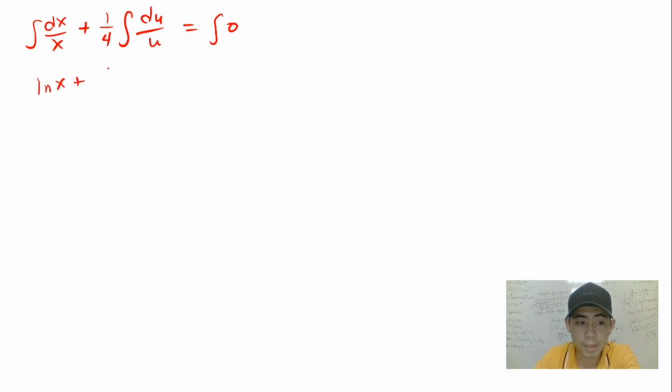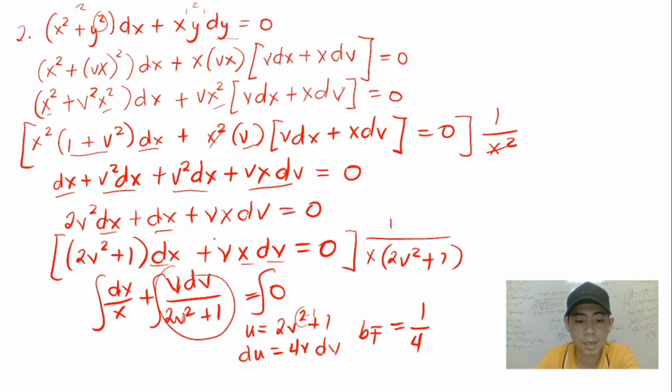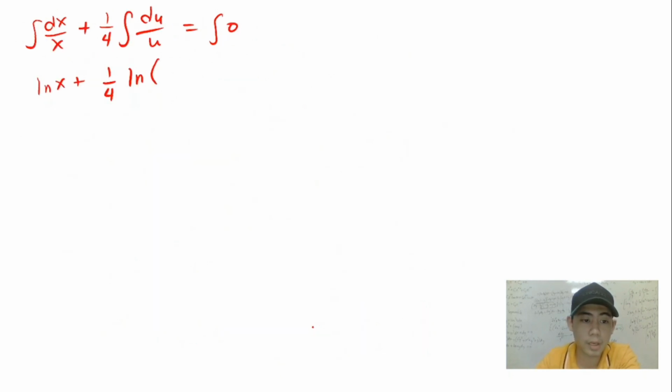Plus 1/4 the integral of du over u is ln of u. But what is the value of our u? Substitute it right away, which is 2v squared plus 1, is equal to the integral of 0, which is ln of c.